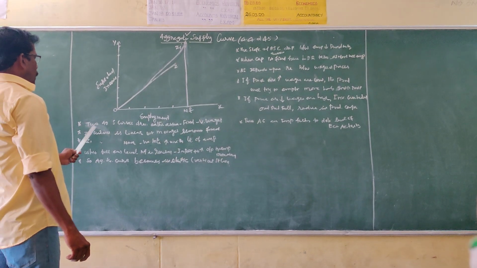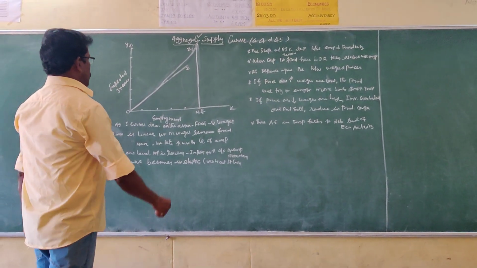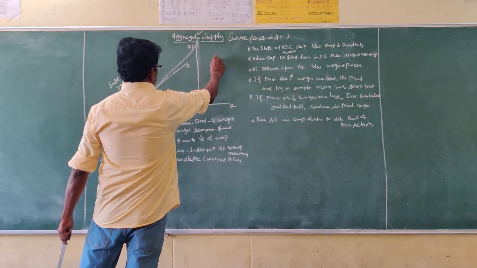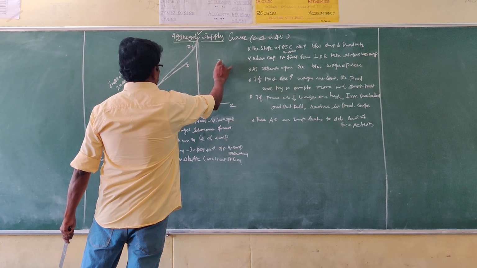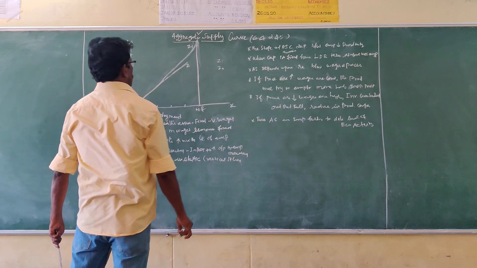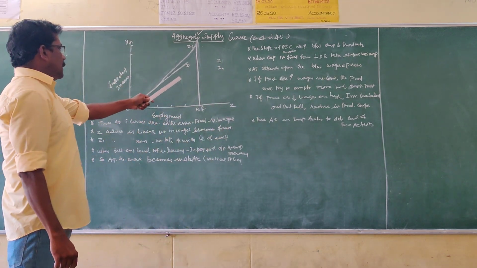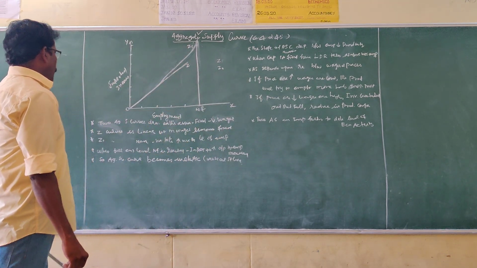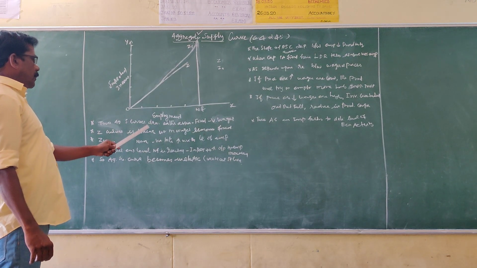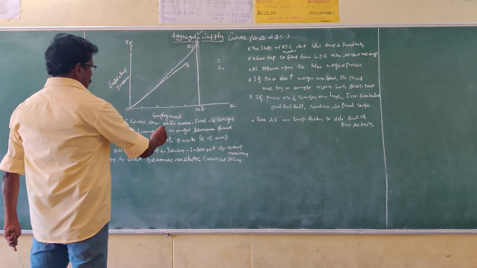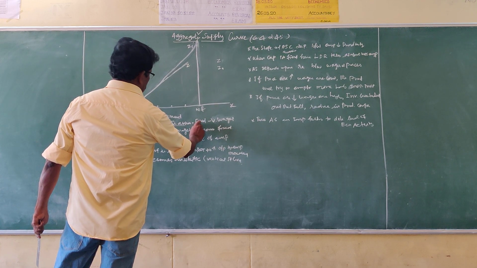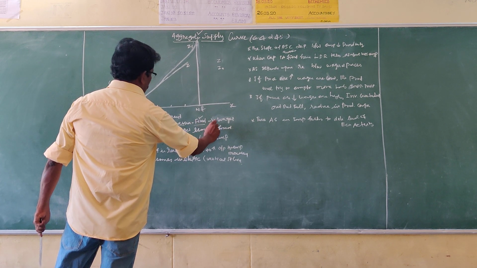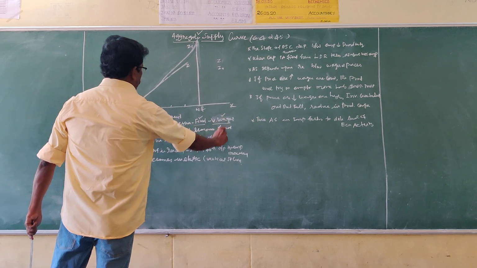Then there are two aggregate supply curves, Z and Z1. The two aggregate supply curves are drawn on the assumption of when the wages are fixed and when the wages are variable.